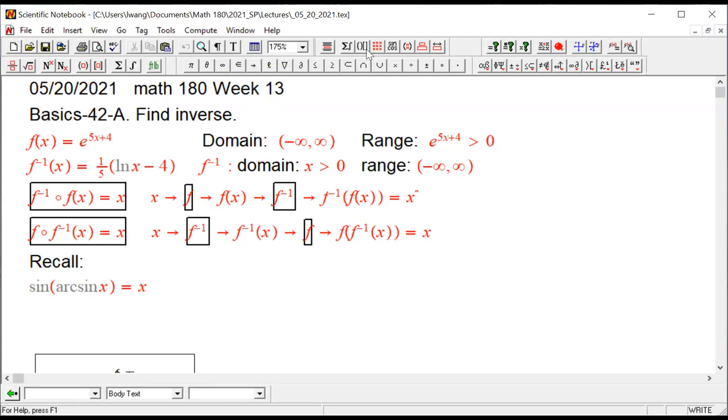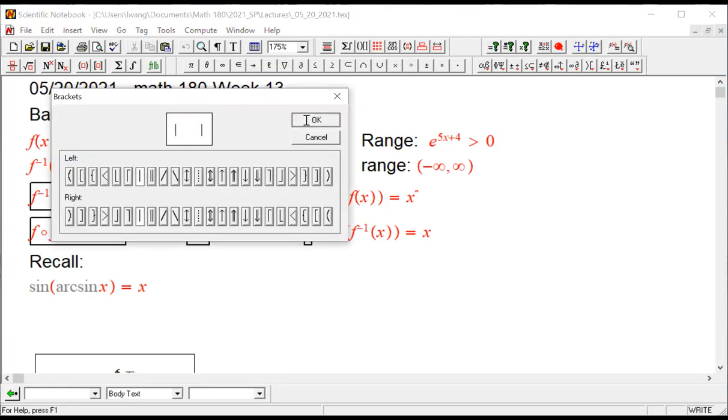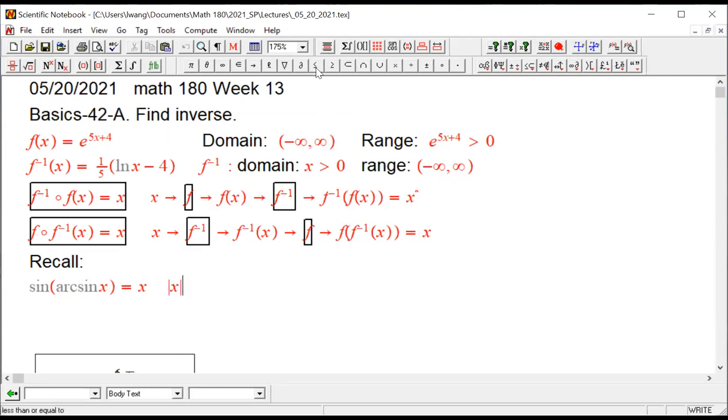The absolute value of x has to be less than or equal to 1. And the other identity is arcsine of sine x equals x, under the condition that x has to be less than or equal to pi over 2.